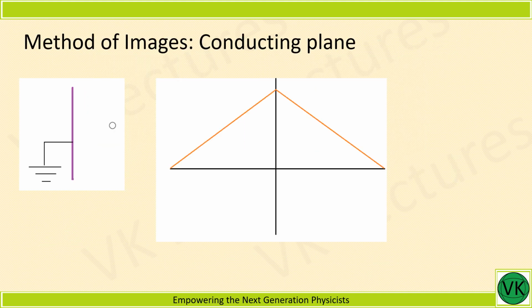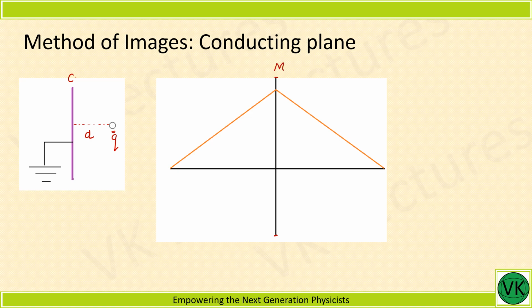Method of images due to a conducting plane. Now this is the conducting plane that we are talking about, C, and it is being grounded, and a charge Q is placed at a distance say for example D. Now this one is the extended imaginary boundary.